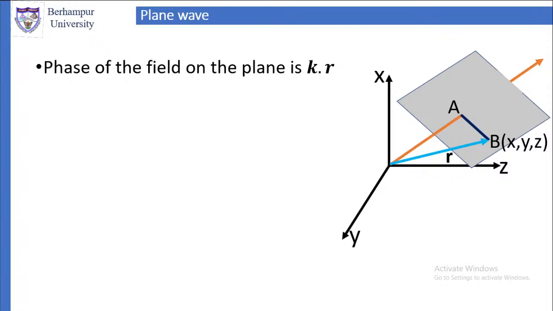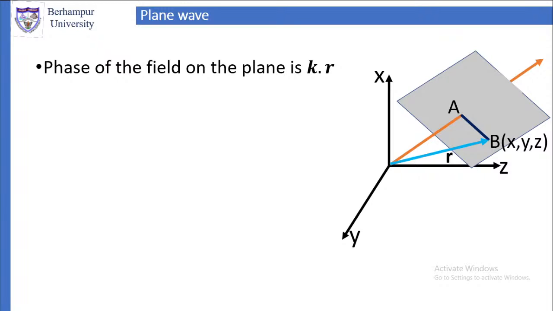Now, since we are considering plane wave, remember a few things about plane wave. First, we are considering a wave whose wave front gives us a plane. That is point one. This plane extends to infinity in both directions. That is point two. This plane exists in a medium which is source free.